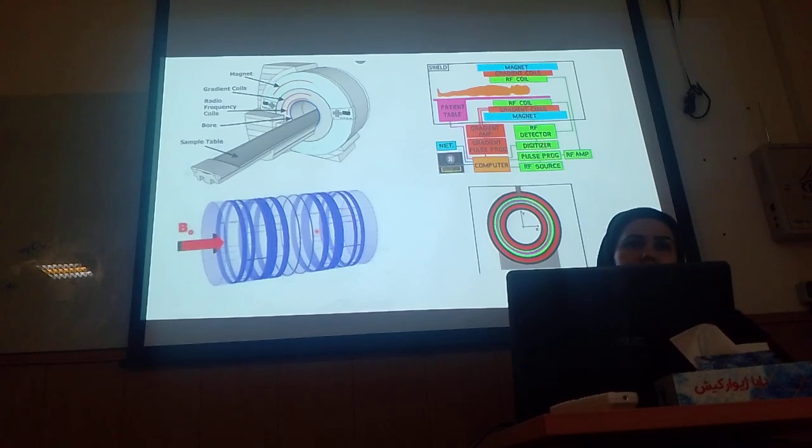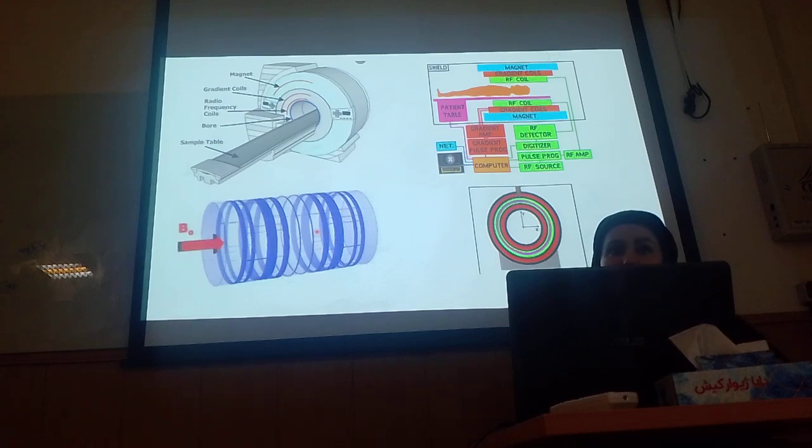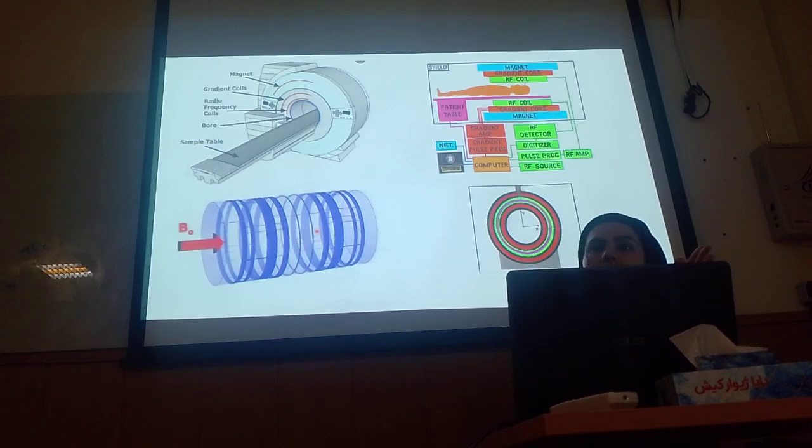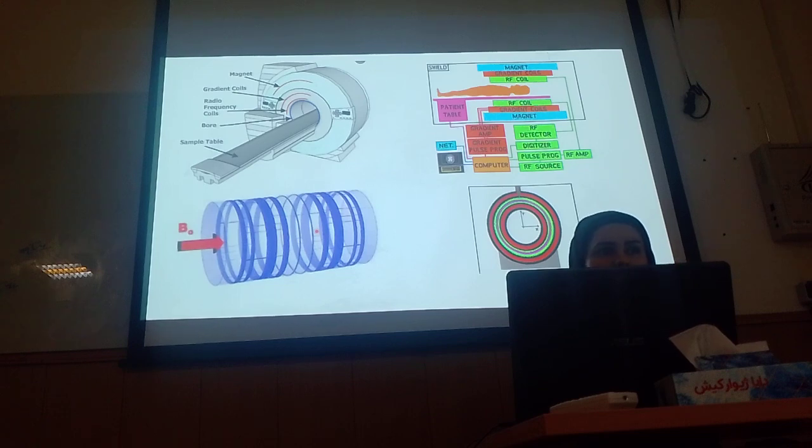We have Z direction, X direction, and Y direction. The direction of V0 is designated as the Z direction. It's very important. The constant magnetic field, as I told you, is aligned to the Z direction.